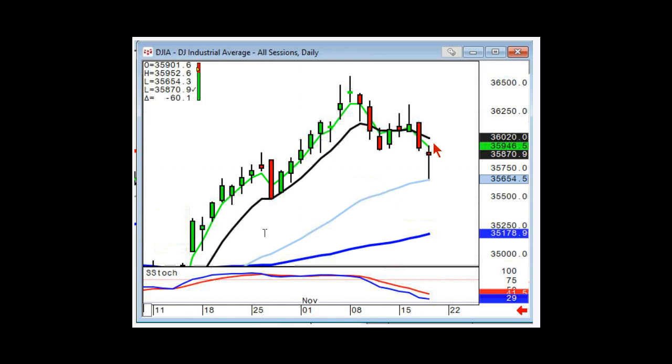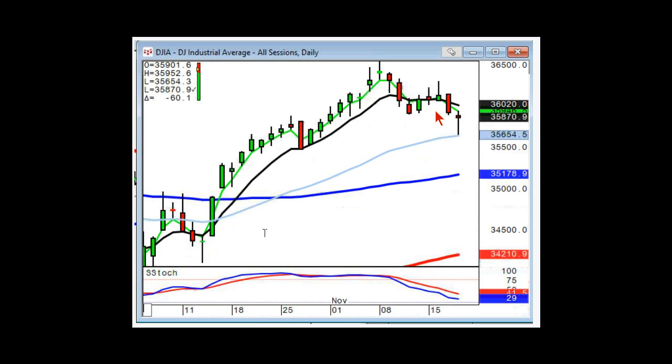And then if they can't get back up above the T-line, the other rule that you want to remember is the T-line rule. As long as you're above the T-line, you're in an uptrend until you move too far away. As soon as you close below the T-line, you're in a downtrend. But what is the most important factor when you analyze any of your charts? Candlesticks, then everything else is a confirming indicator.